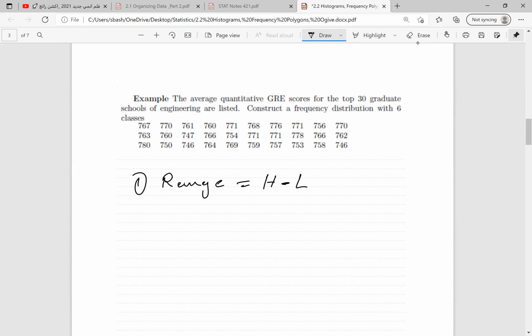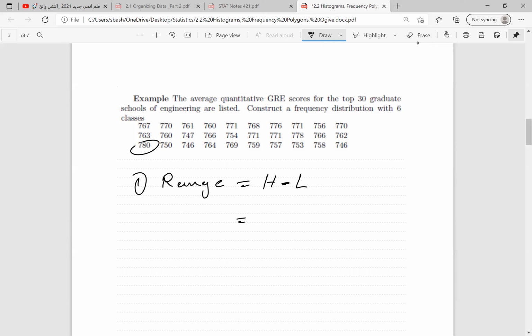Let's see what is the highest value in this data. We have 780. Let's look if there is anything bigger than 780. Okay, so 780 is the highest value.